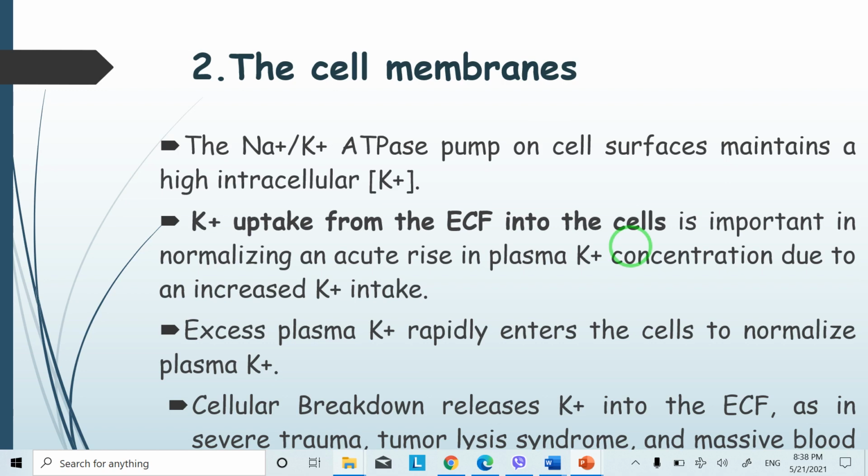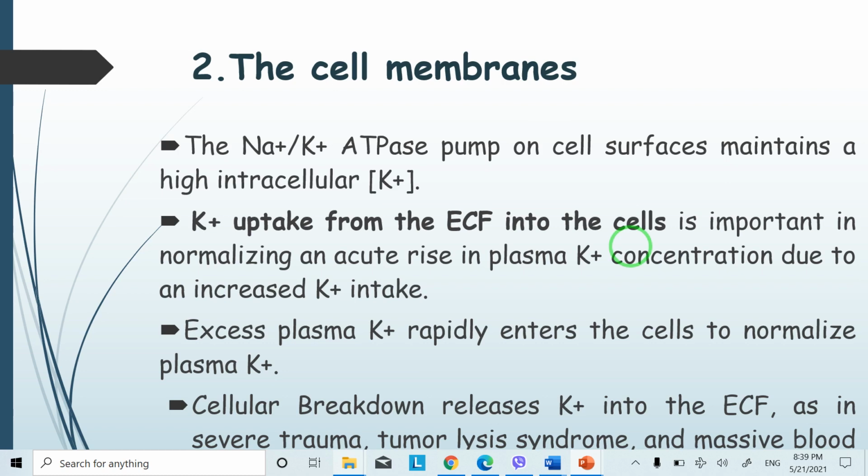It needs a transporter or pump, which is the sodium-potassium ATPase found on the cell surface. It will exchange two potassium to inside the cell and three sodium to outside the cell.